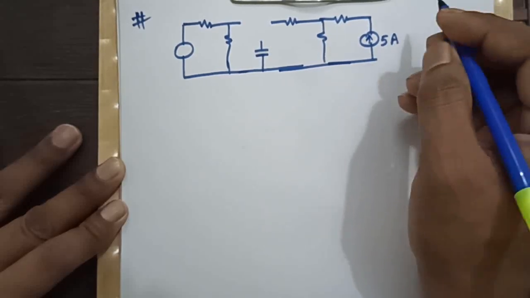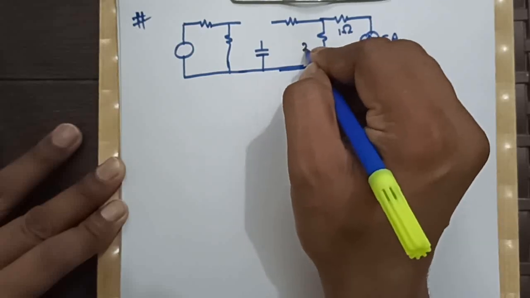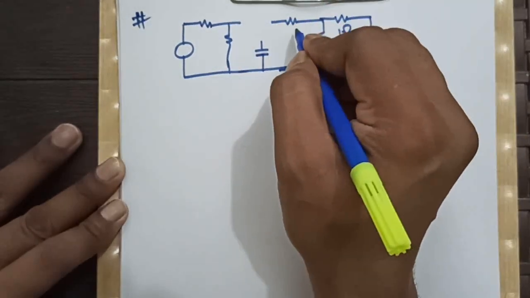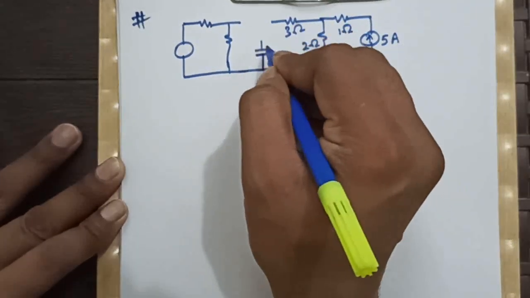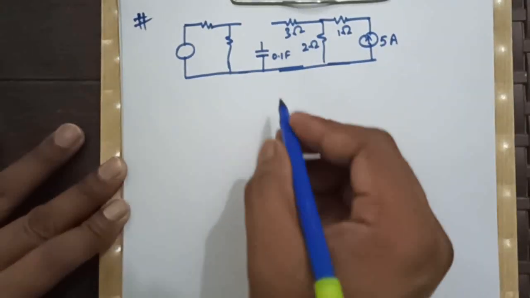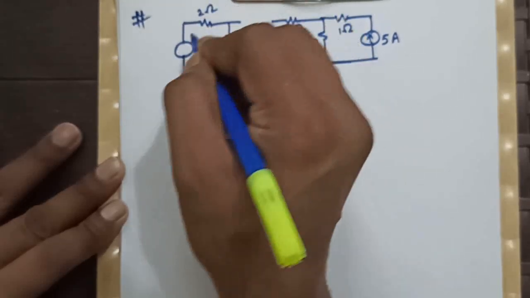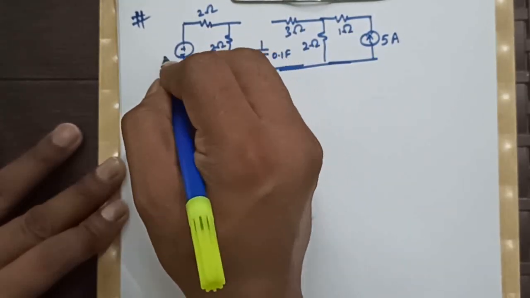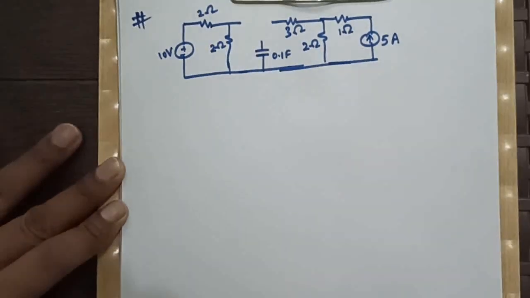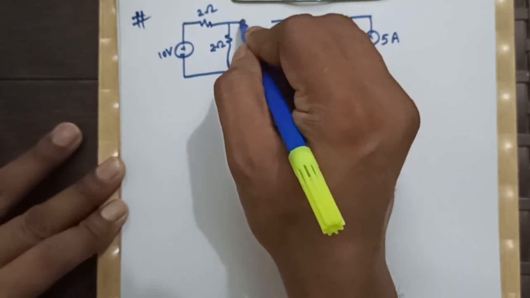This is 5 ampere. This is 1 ohm, 2 ohm, 3 ohm. This is 0.1 farad. This is 2 ohm. This is also 2 ohm. And the voltage source as 10 volt. And here it is a switch.